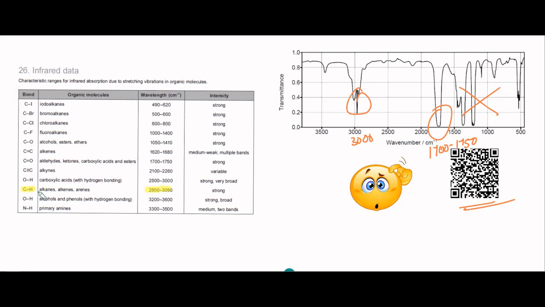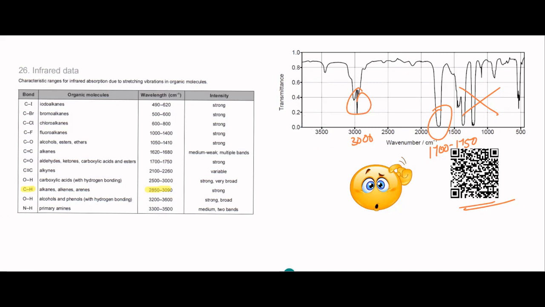It might be from an alkane, an alkene, or an arene. Irrespective of the alkyl chain, a CH bond can give rise to a peak around 2850 to 3000. Our data matches with it.